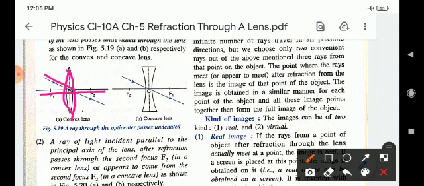If a ray passes to this side, it moves directly to the other side, that is, a ray of light incident at the optical center O of the lens passes undeviated through the lens as shown in this figure. Same process for the concave lens. It is a concave lens.